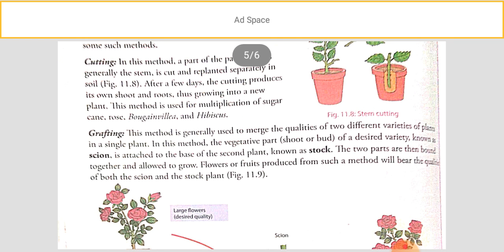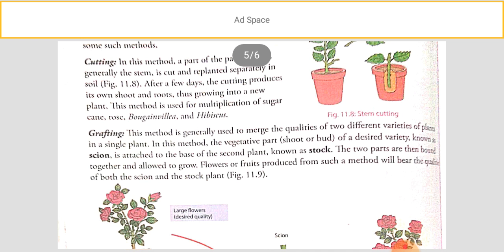After a few days we see that roots and shoots start to rise, and finally it grows into a new plant. This method is generally seen in the multiplication of sugarcane, rose, bougainvillea and hibiscus.